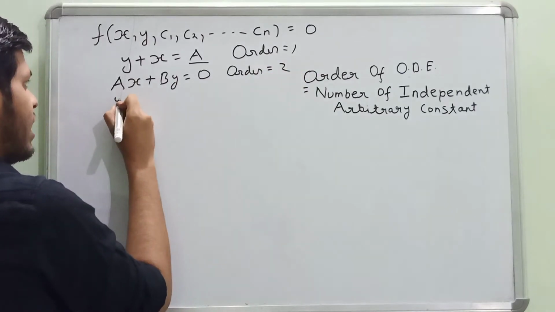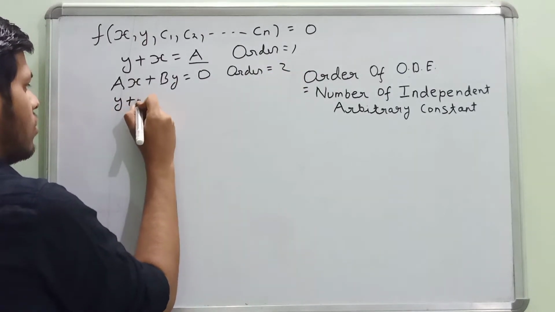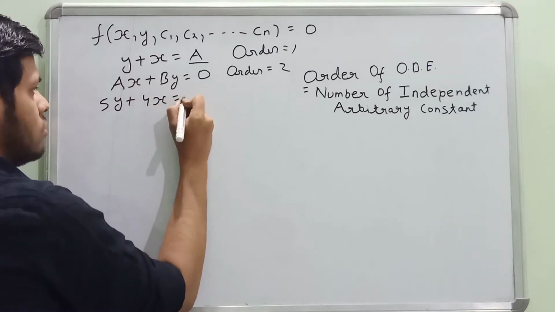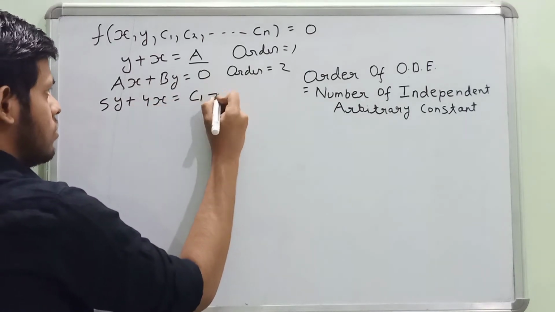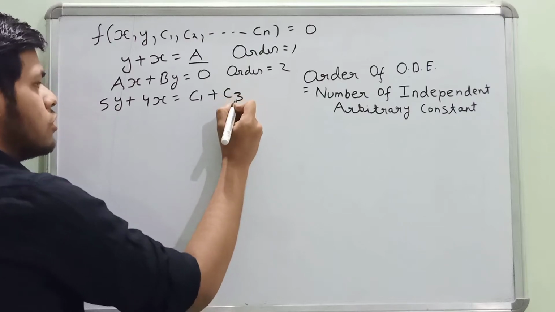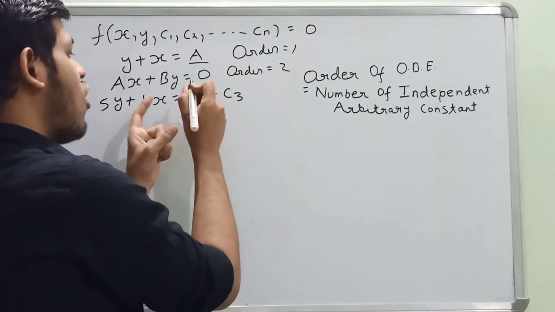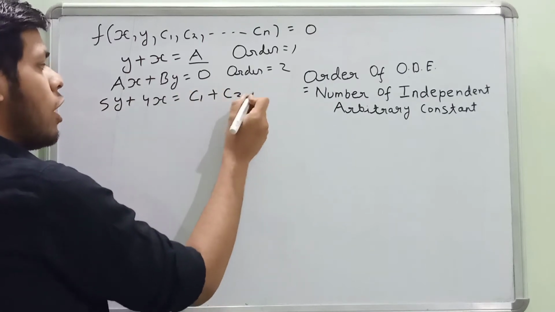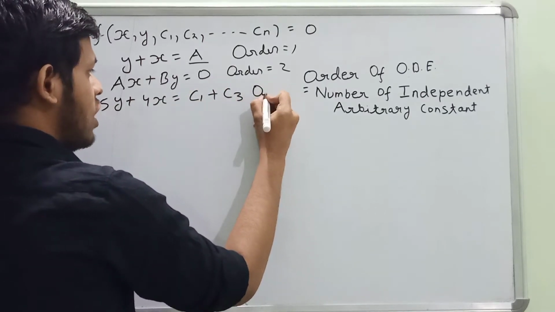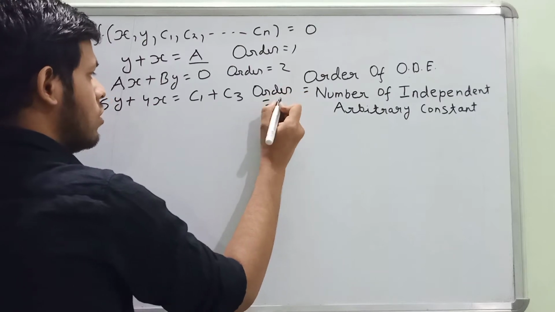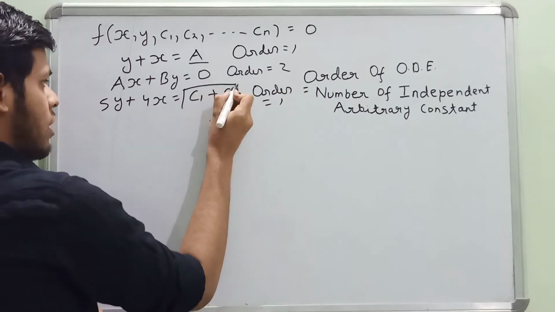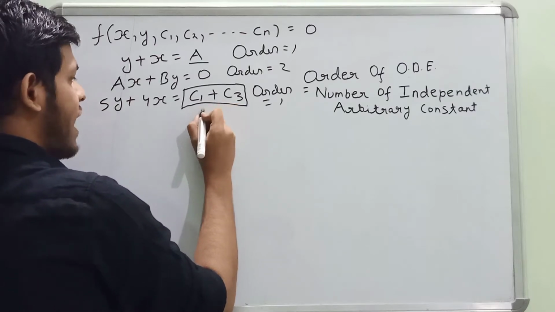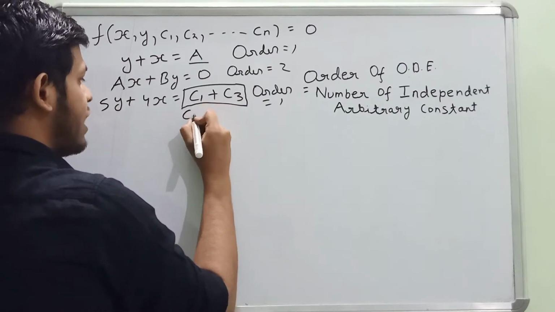Now let's take another example. Here the order of the differential equation formed from this equation will not be 2, it will be 1 only. Why so? Because C1 plus C3 can be assumed as one arbitrary constant.